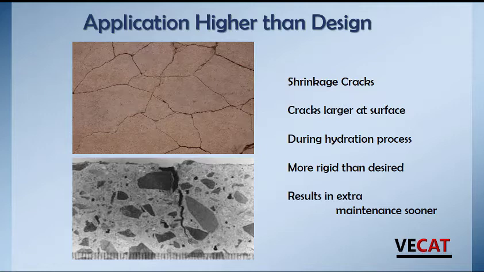Typically, you see the cracks starting at the top and propagating down, larger at the surface. You also get cracks where the cement is drying out and shrinking. So you get a little bit of the cracking in the top photo. But one way or another, the layer is more rigid than you desired. So it's going to end up crumbling and causing problems down the road.